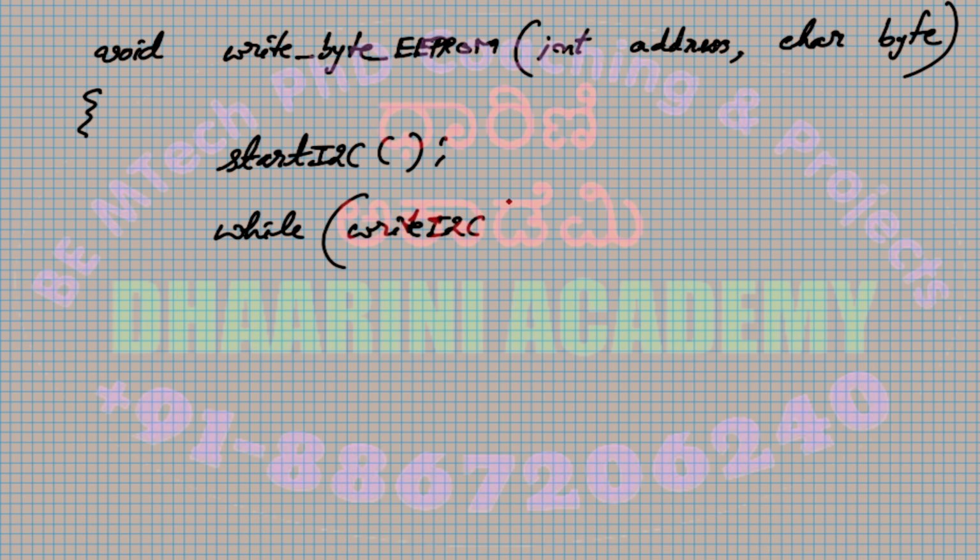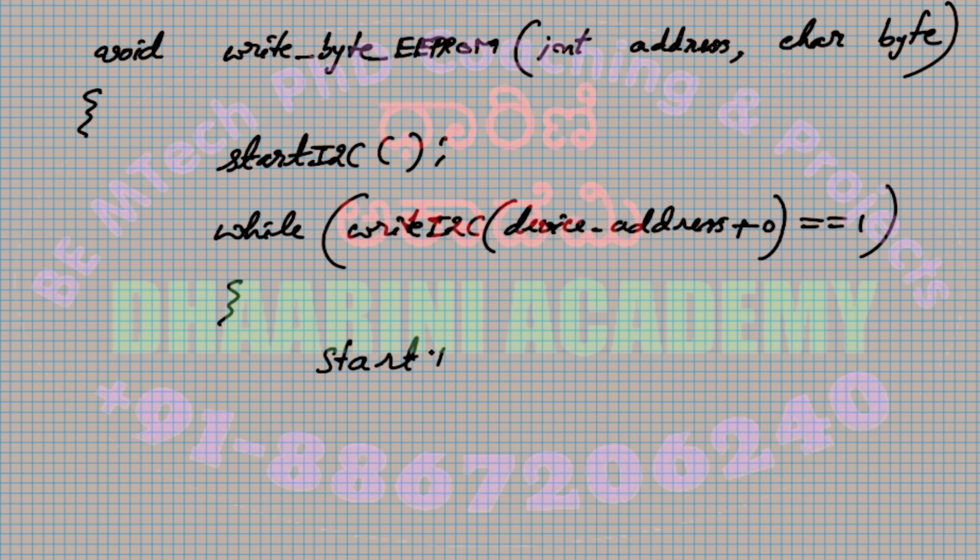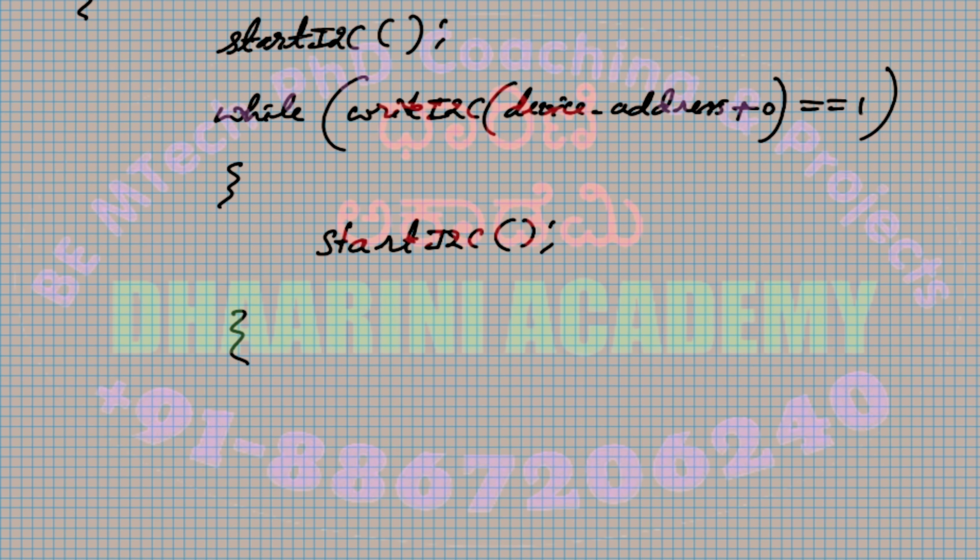Inside the write I2C, I'll be passing a variable called device address, its next position indicated by +0. That is 1. Whenever this is the condition, I will keep sending the start, start I2C. Keep repeating this whenever the condition is satisfied.